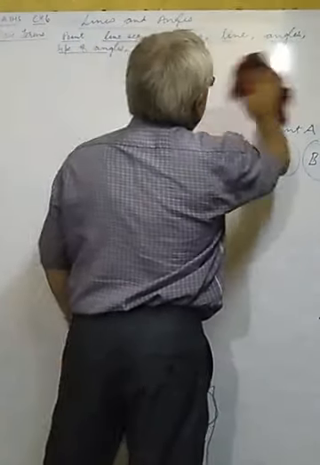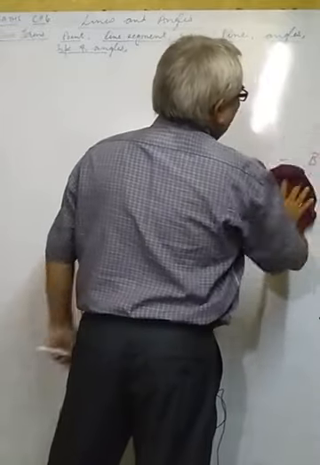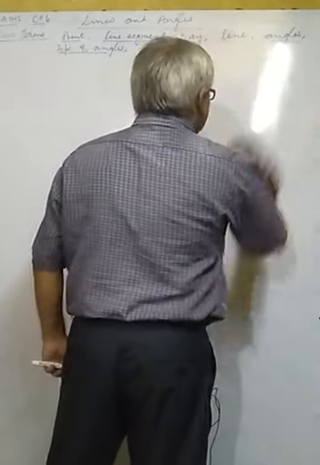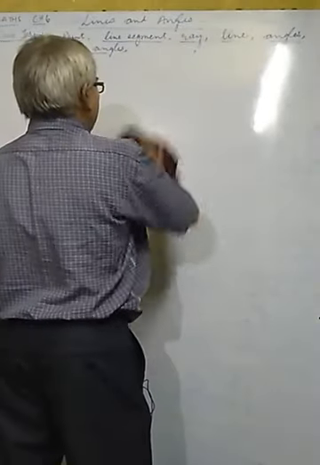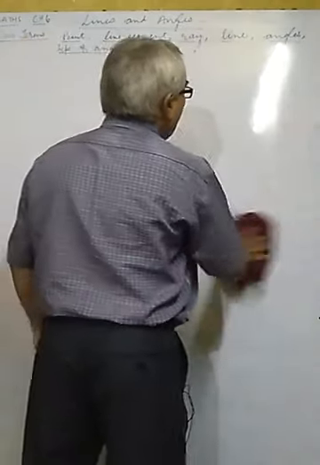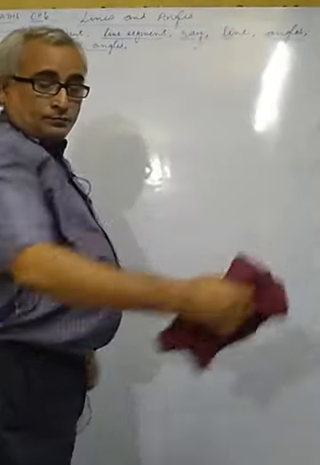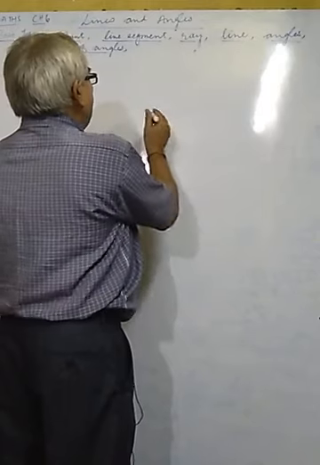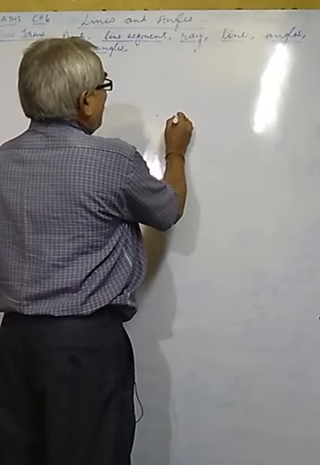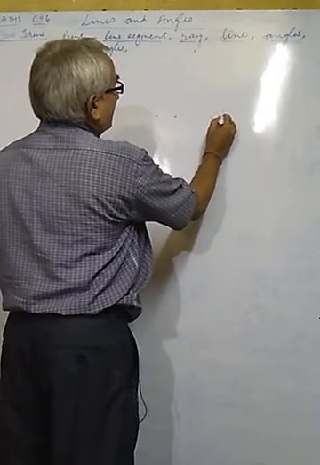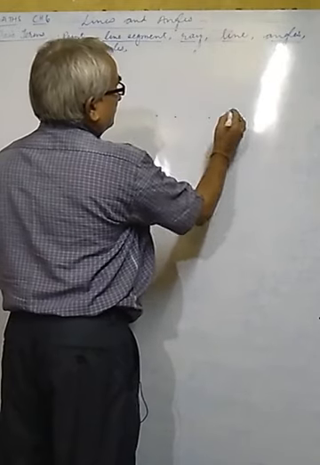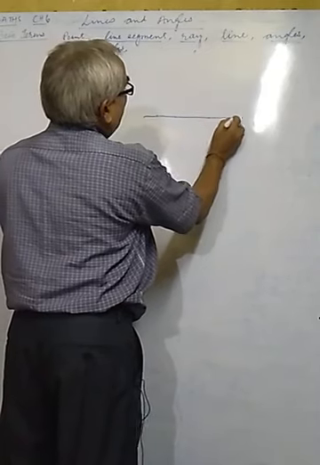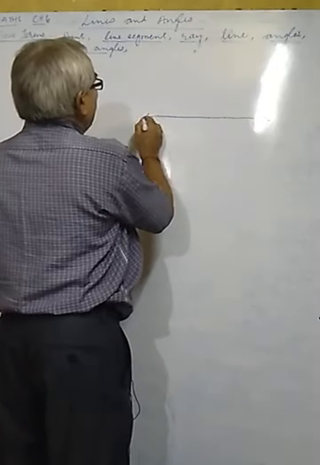Now these points are of different types. First of all, we have to discuss different types of points. You may mark here. Suppose so many points are there and all these points are lying on a straight line.